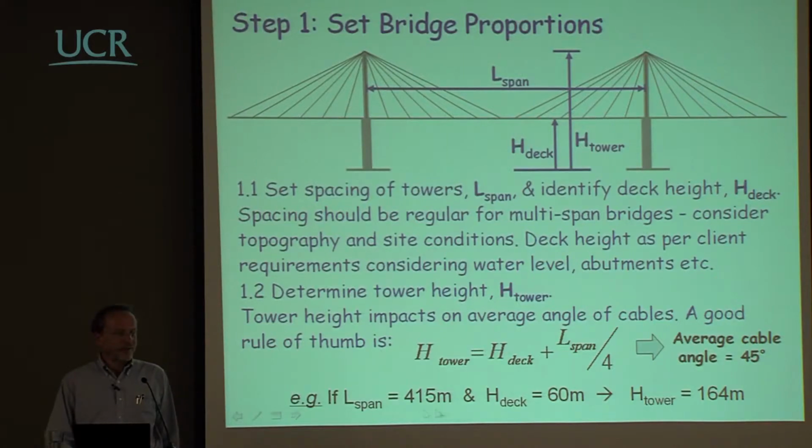For example, and I will continue on putting figures to make the things less heavy. If the span is 415 meters and the height of the deck here is 60 meters, maybe you end up with the height of a tower which is in the range of 64 meters, maybe.